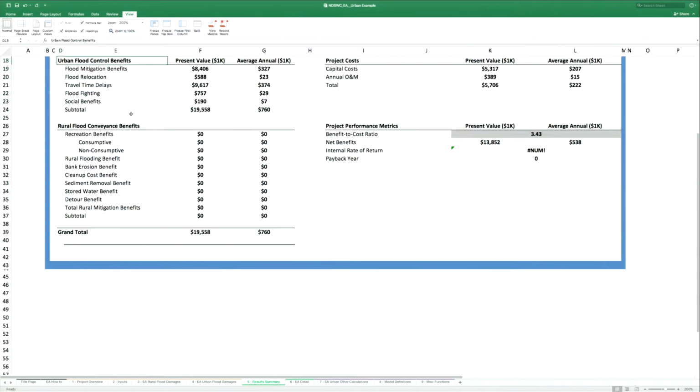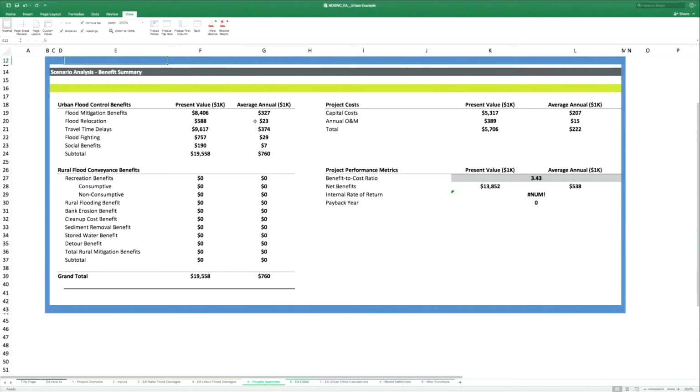So now you'll see here, we have our flood mitigation benefits up top. Roughly 20 million in total present value benefits, or on an average annual basis, 760,000, versus the capital costs of that project. So benefit cost ratio of 3.4. And for some reason, the IRR isn't computing, even though it just worked on the other model. I'll double check that.